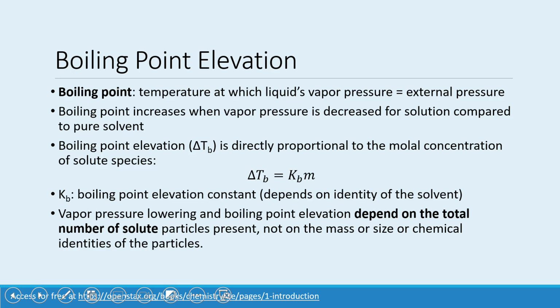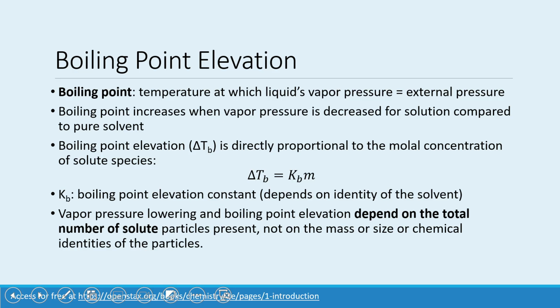So we're decreasing that vapor pressure. That means that we're going to have to increase the temperature to reach the same boiling point as we had with that pure substance, okay? And for this reason, when the vapor pressure is decreased, we have an increase in that boiling point. And so we get what's called boiling point elevation.